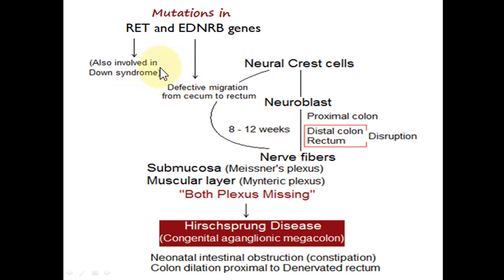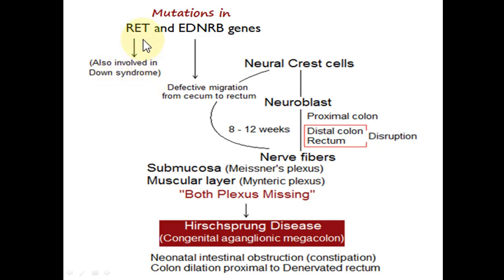And here I want to mention that the same RET gene is also involved in Down syndrome, which is trisomy 21, a trisomy that occurs in chromosome number 21 and is associated with mental retardation.